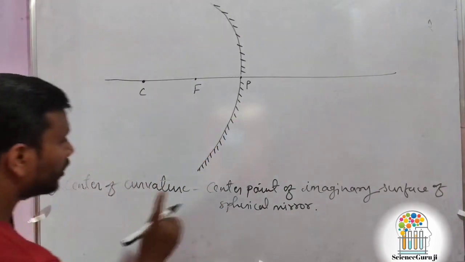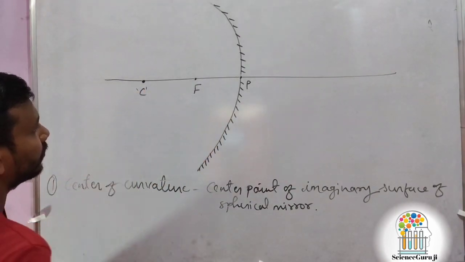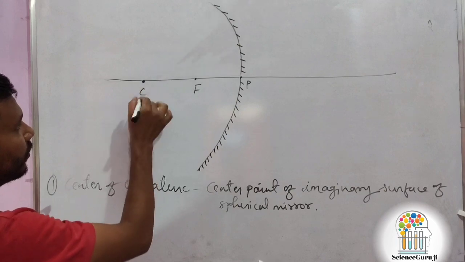The center of curvature is the point which is the center of the imaginary surface of the spherical mirror. It is denoted by C.